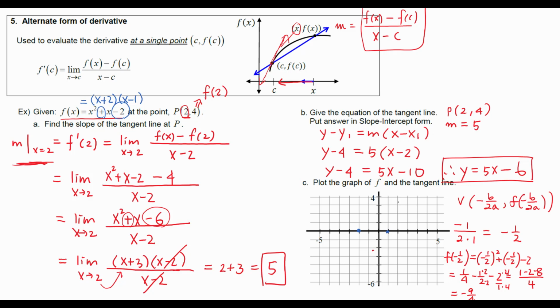Because they gave me the point (2, 4) on my parabola, my graph should look like that. And my tangent line is y equals 5x minus 6, so it has y-intercept negative 6, and slope is 5, which is rise 5, run 1, rise 5, run 1. So this is my tangent line. I graphed my function and the tangent line at (2, 4).